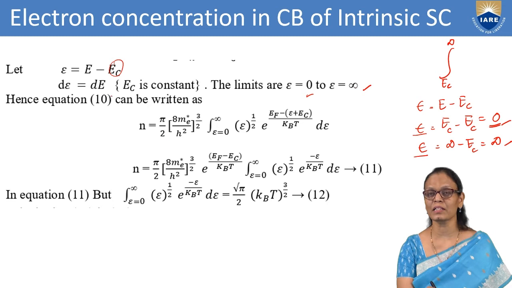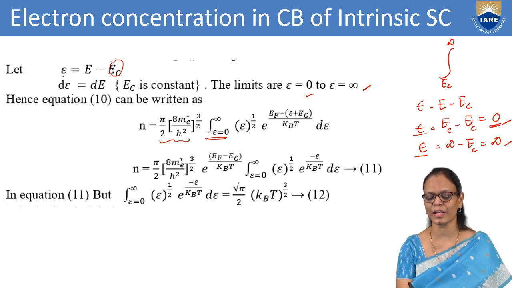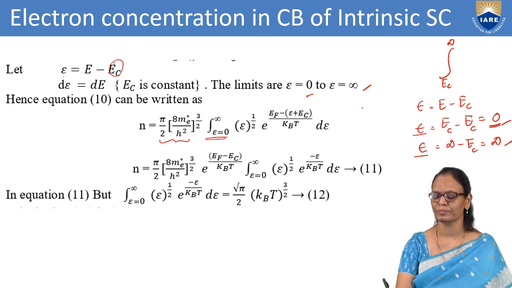And now I am writing the same expression with the limits from 0 to infinity. All this is a constant. And for E minus EC, we have substituted epsilon. So we get epsilon power half into E power EF minus E. What we had here? E power EF minus E by kBt.